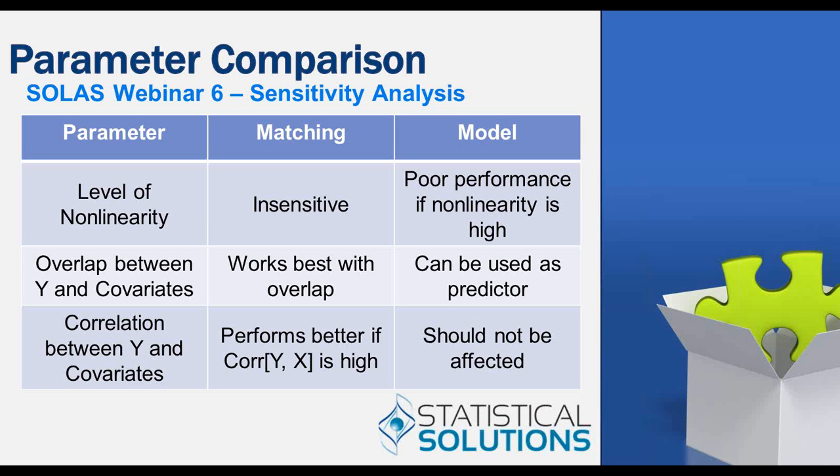But then you can also examine it differently, in that it might be an outlier from the sample, and there are other approaches to be taken there. And finally, the correlation between predictor and covariate values: it performs better when the correlation is high.